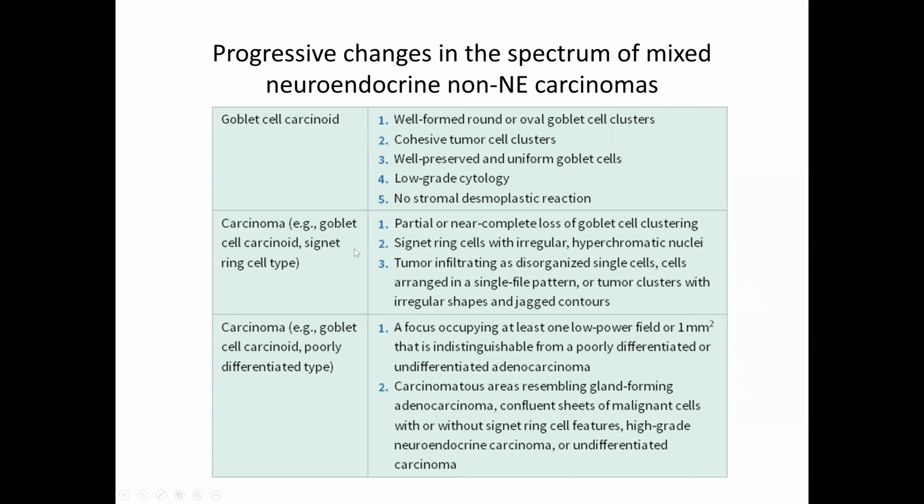The carcinoma can present as a variety of types, including the signet ring cell types or discohesive types, or more conventional gland-forming tumors, maybe even medullary or undifferentiated type tumors, and even some high-grade neuroendocrine carcinomas or undifferentiated tumors. And so for this reason, we don't use the mixed neuroendocrine adenocarcinoma term. We use the mixed neuroendocrine, non-neuroendocrine carcinoma to remind ourselves that this can be any of a variety of tumor types.